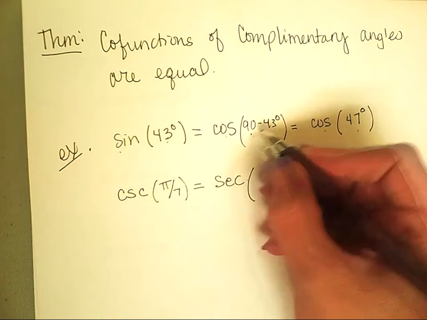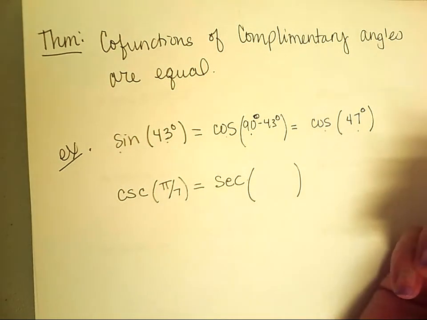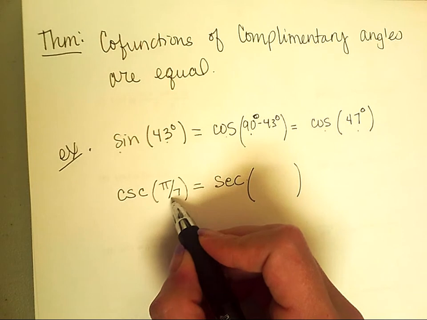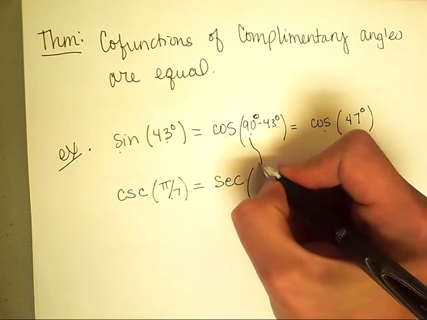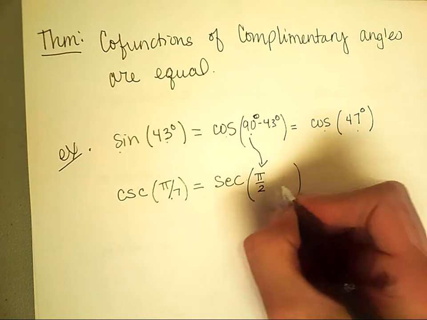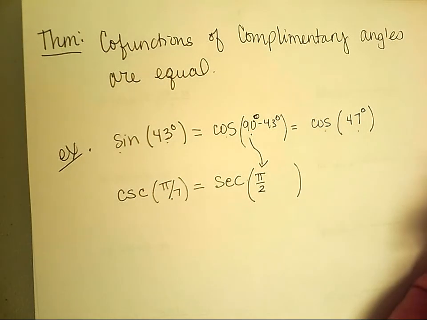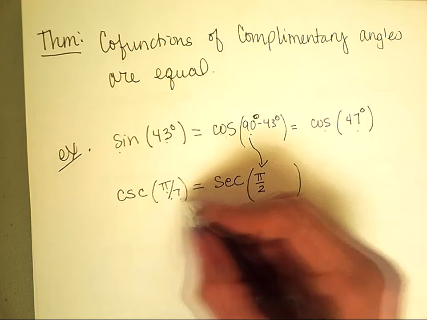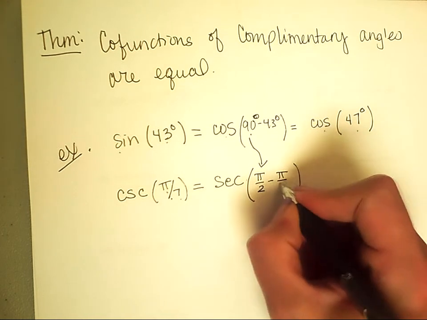Now here we used 90 degrees, but I'm in radian measure now. So 90 degrees is pi over 2 in radian measure, minus this pi over 7.